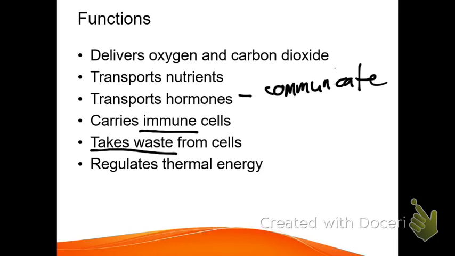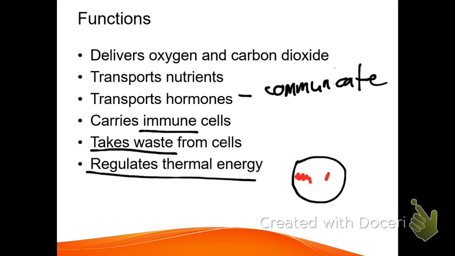Your circulatory system will take waste away, so not just carbon dioxide, but other harmful chemicals that are produced from different cells for different reasons. It'll take those to the liver or to the kidneys, where your body can then try and get rid of them. And lastly, it regulates thermal energy. You may notice that when it's warm, when you've been exercising, your cheeks get red.